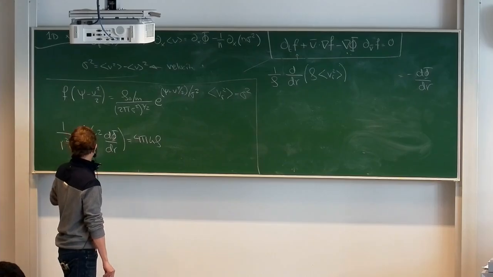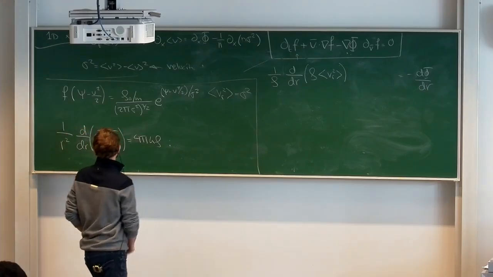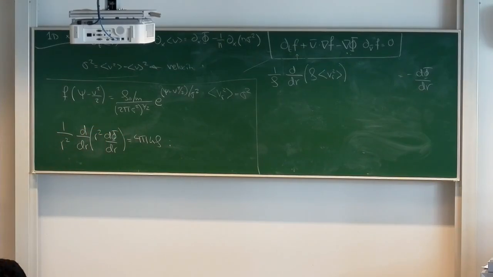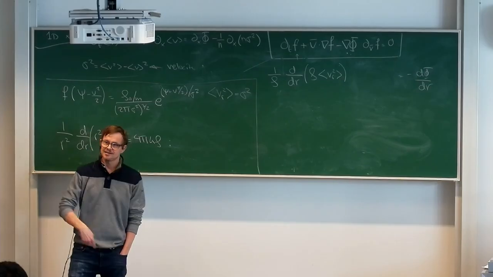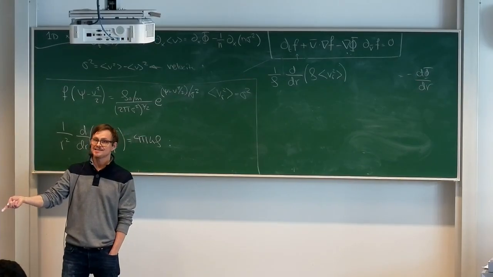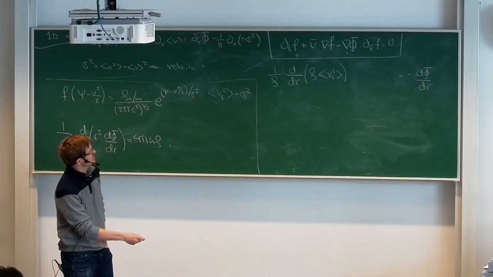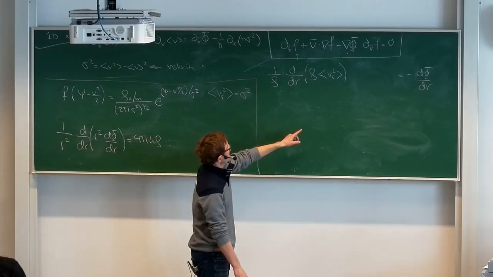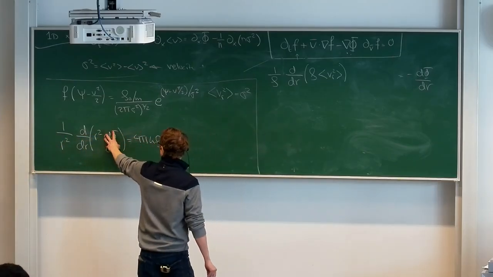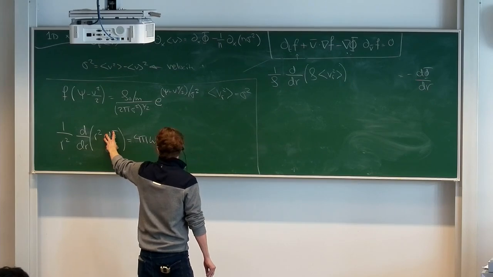Then we can, again, hopefully reformulate this if we say that this velocity dispersion is constant, such that we replace the gravitational potential here.